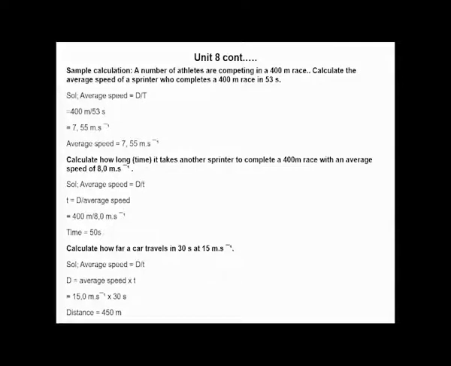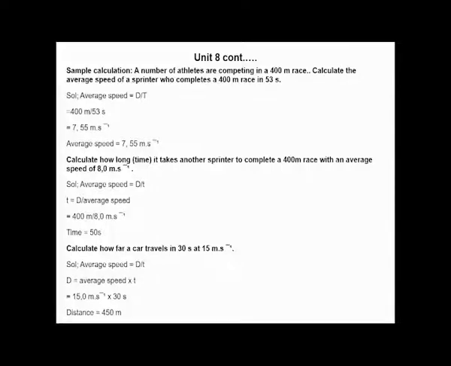In the following calculations, for example, you calculate average speed or calculate how far a person can travel. You can use the same formula, but importantly, student, you must be able to make whatever you are asked to calculate, let me say distance or time, the subject of the formula. Then you just substitute in what you are given.